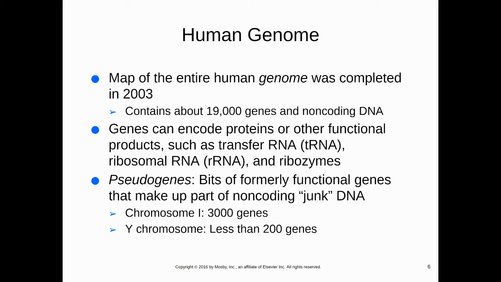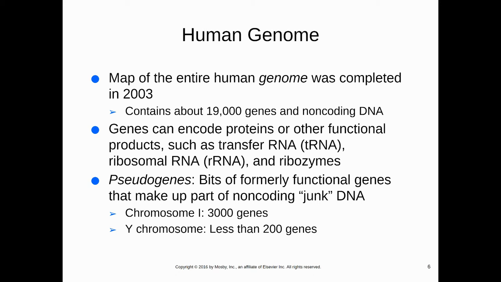Okay? So the idea here is that these genes will encode different functional products, whether it's transfer RNA, which is what's attached to the amino acids that build your proteins, or ribosomal RNA, which encodes how the ribosomes are made, and ribozymes, all of that. They can also encode different functions within the cell.